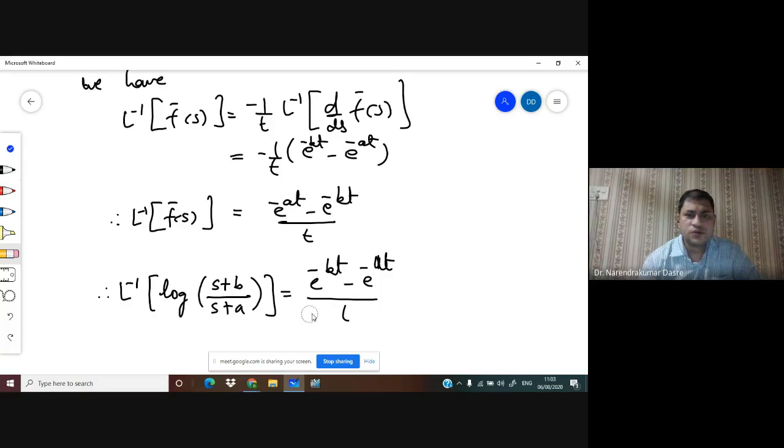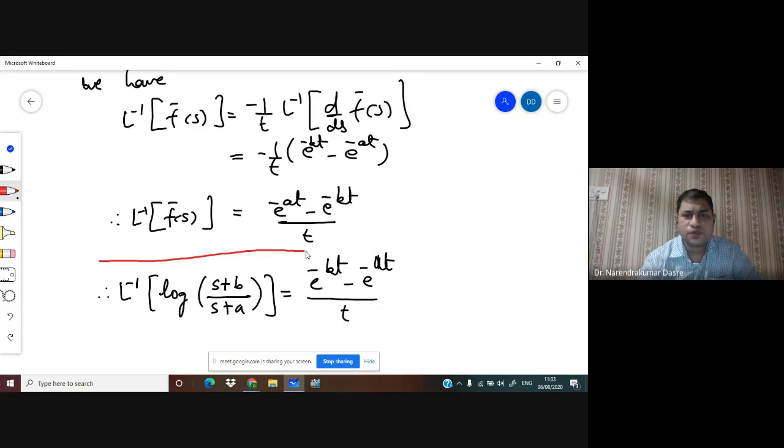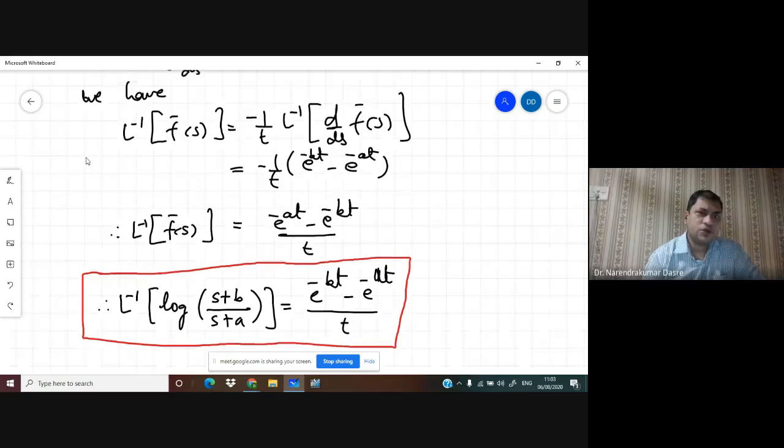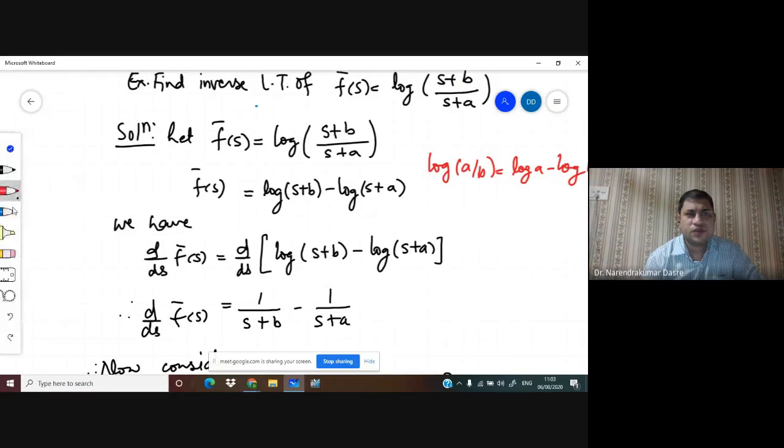So that's how we are able to get the inverse Laplace transform using the property of the derivative. Here, what are the important steps that we have considered? The first step was to find the derivative.